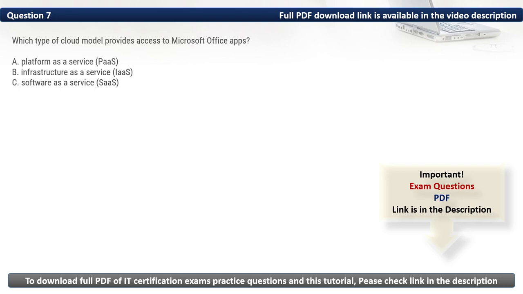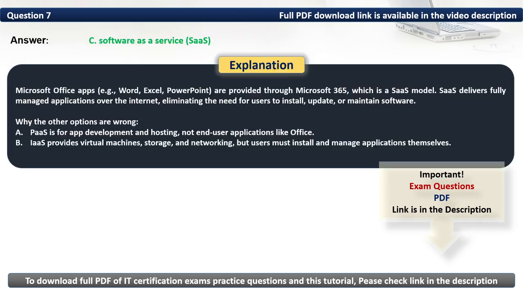As such, it is software as a service cloud model that provides access to Microsoft Office apps. Thus, the correct option is C. Microsoft Office apps are provided through Microsoft 365, which is a SaaS model. SaaS delivers fully managed applications over the internet, eliminating the need for users to install, update, or maintain software.